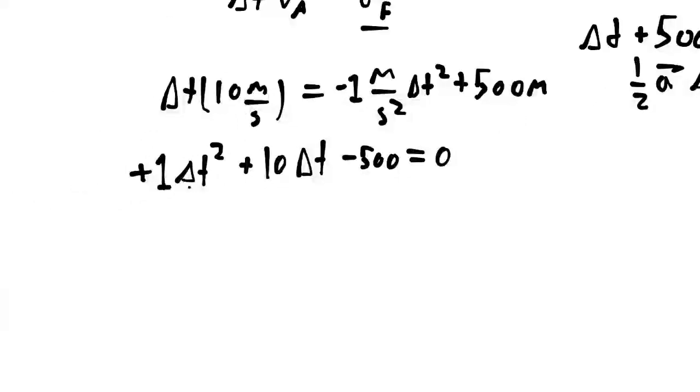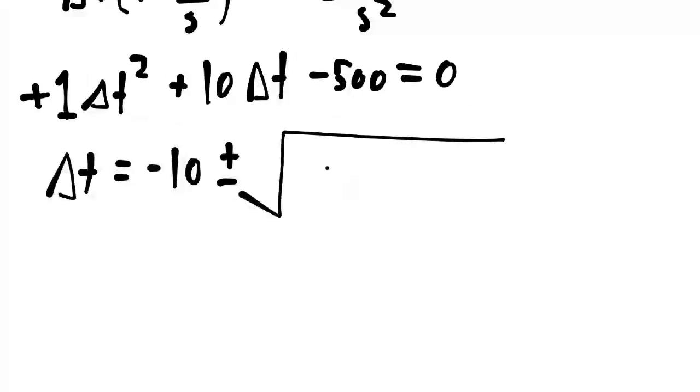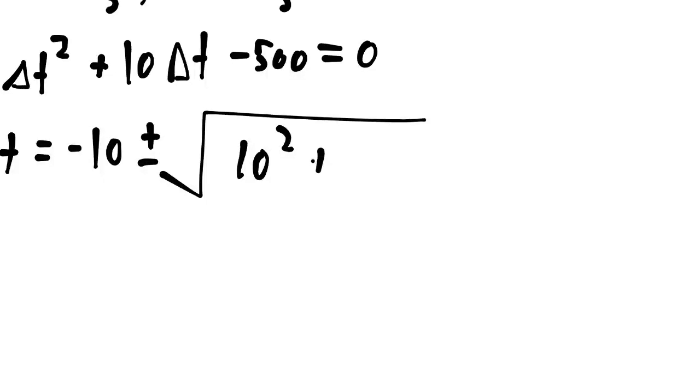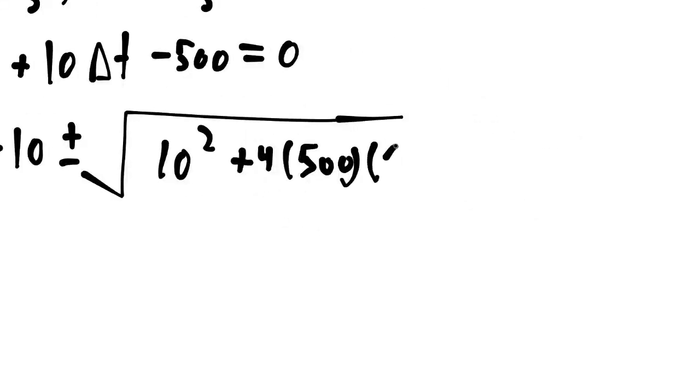And then again, you just solve for time now, so you just use the quadratic formula. So delta t equals negative 10 plus or minus. Okay, if you don't know the quadratic formula, you've got to make sure you remember it. I'm making it plus 4 because it would be negative 4 times negative 500, but I'm going to take out the two negatives because they just multiply together to equal positive.